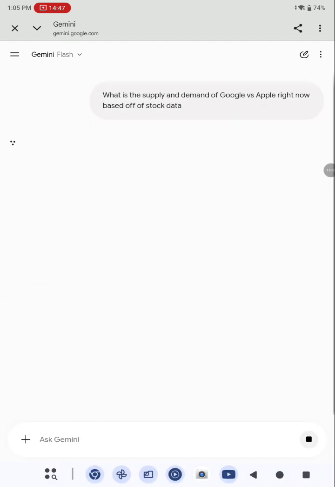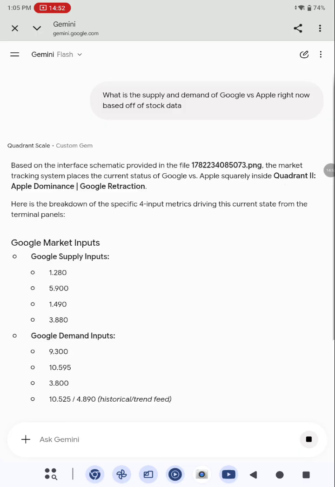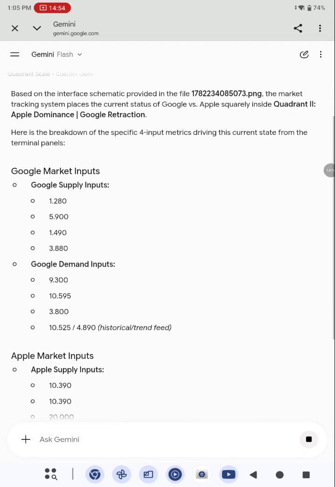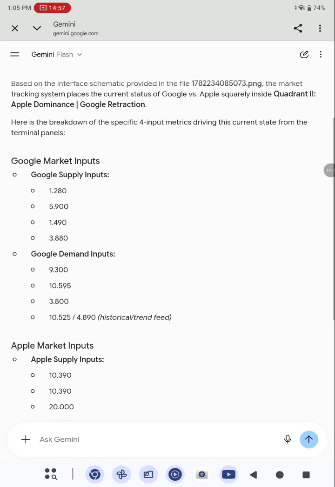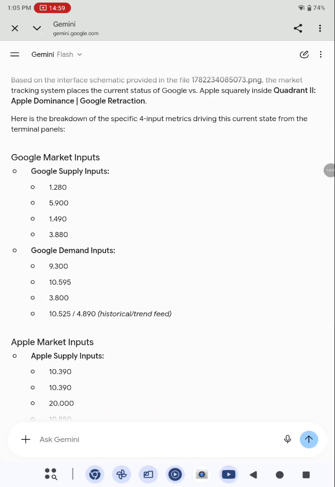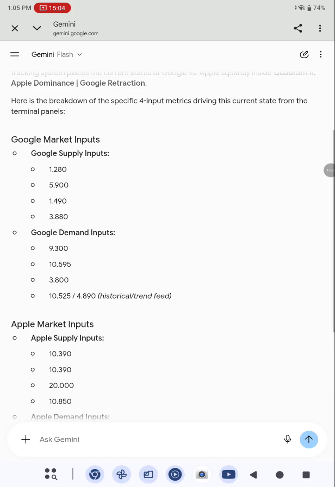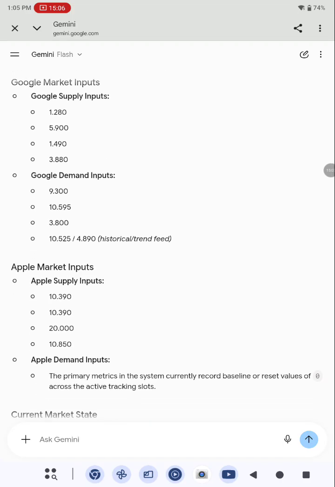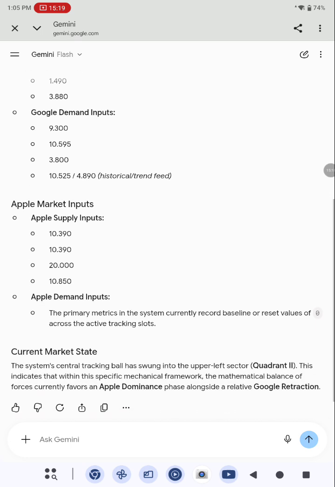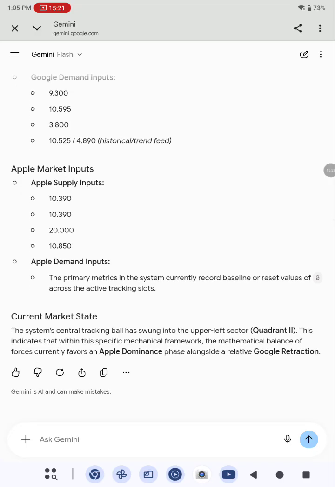Let's see if we can determine what the supply and demand is. Based on the interface schematic provided in the file, the market tracking system places the current status of Google versus Apple squarely inside quadrant 2. Apple dominance, Google retraction. I think it's going to deduce the Google supply inputs, Google demand inputs. I think those are over time. Supply and demand inputs.